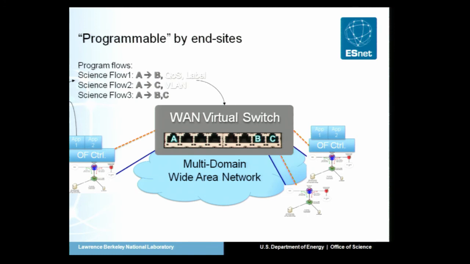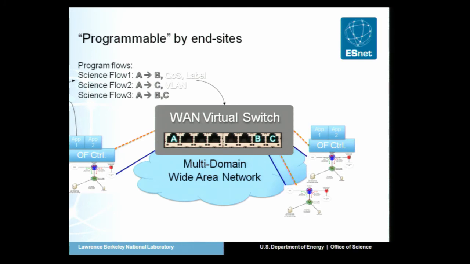So site A can say, hey, for science flows going from A to B, this is the flow entry, and it can enter those flows into the WAN virtual switch, which in fact diverts flows from the edge of the network across the multi-domain to the other edge of the network.